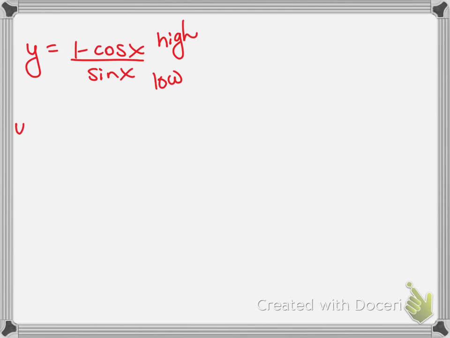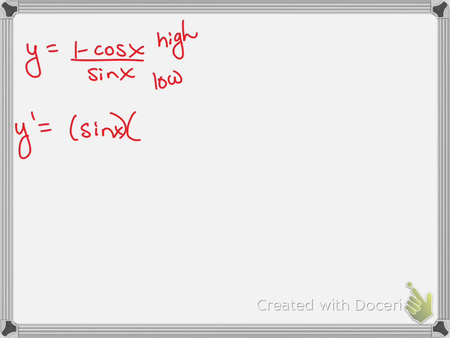So I'm going to rewrite it over here. y is 1 minus cosine x over sine x. Well, no way around it. That's a quotient. So we're going to do quotient rule. We've got our high and our low. Well, quotient rule says low d high.